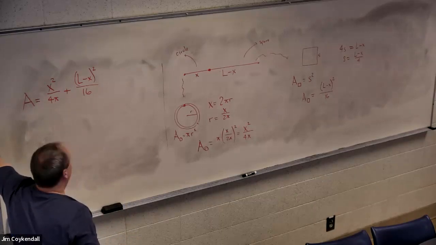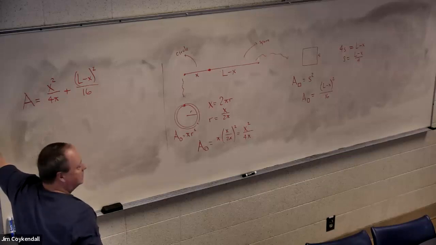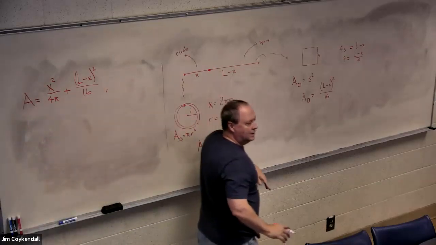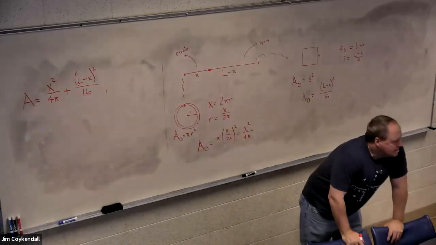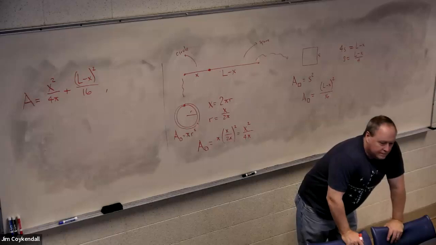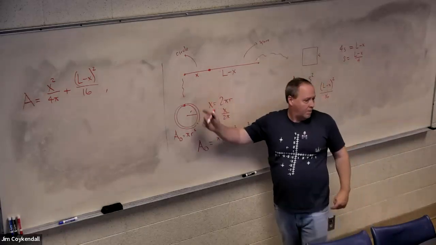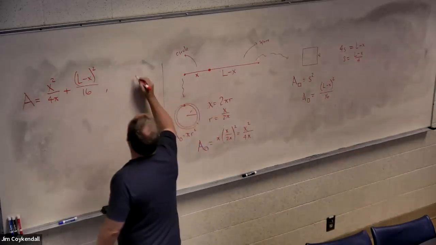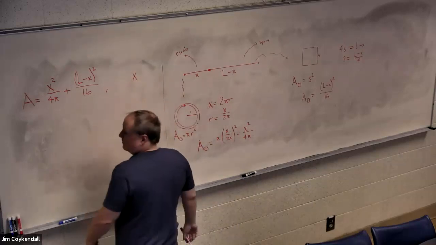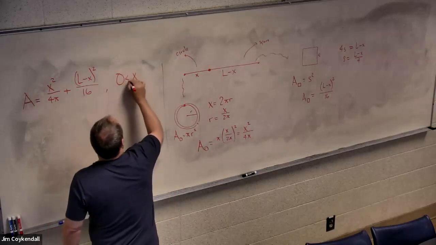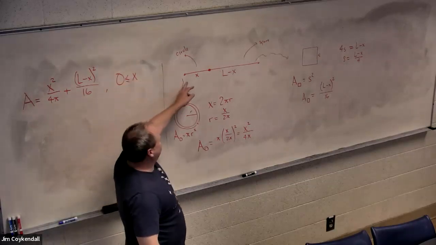I can tell you now, just looking at this, well, one minute. What's our playground? What values of X are appropriate? Remember, X is where I cut this wire. X is 0, and what does it mean when X is 0?